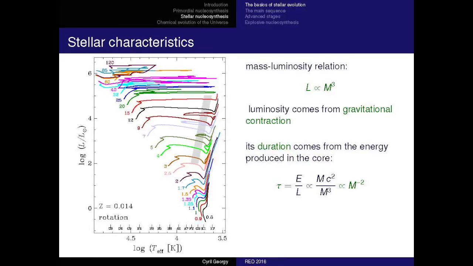And obviously the very small stars here have a huge lifetime, sometimes longer than the age of the universe. So we would be able to find very low mass stars that were formed soon after the Big Bang that are still alive today.